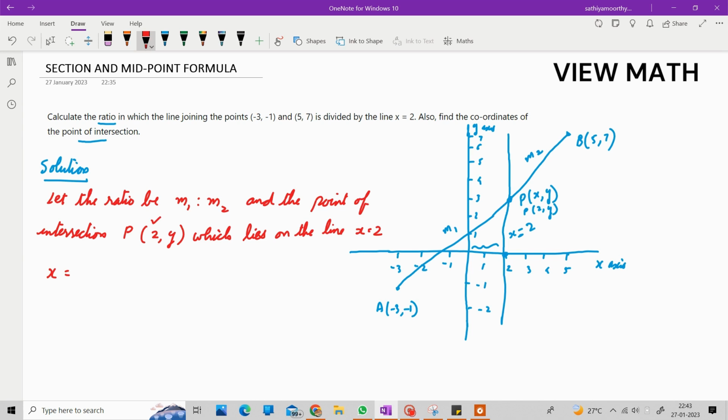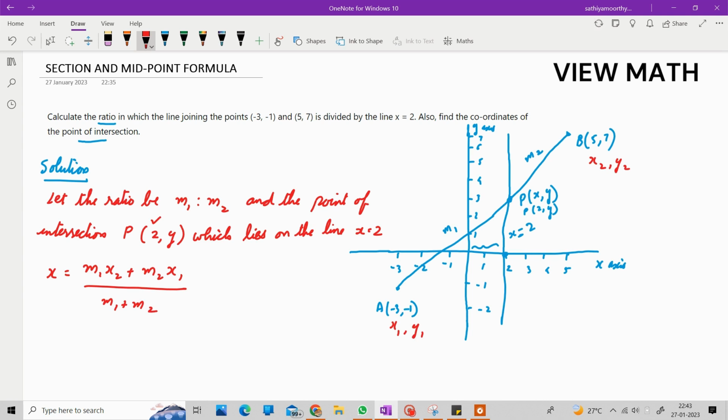So x is equal to (m1 x2 plus m2 x1) by (m1 plus m2). Now in this, what is my (x1, y1) and (x2, y2)? You should not change the order. You should not put (5, 7) as (x1, y1) and this as (x2, y2).